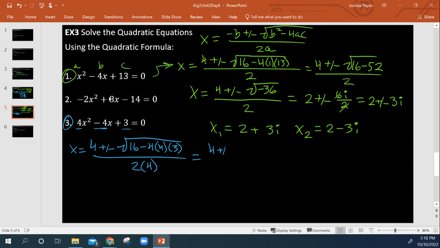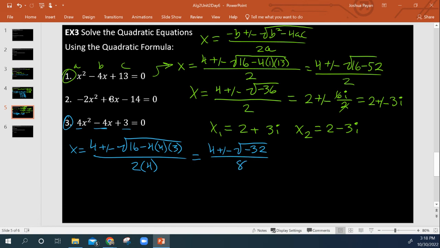So 4 plus or minus, so 4 times 4 is 16. 16 times 3 is 48. So we have 16 minus 48. Okay, so 16 minus 48, that would be -32. So square root of -32, all of that over 2 times 4, which is 8.